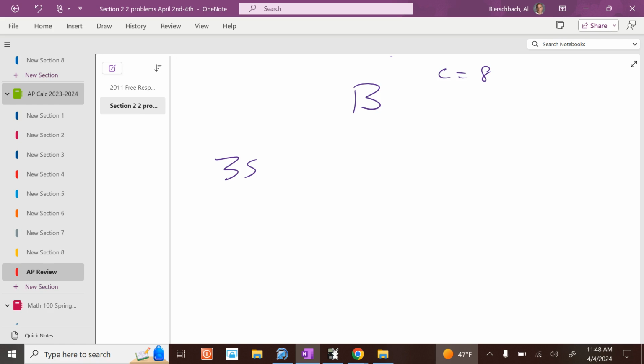So then the first derivative at 5 is first derivative 5.